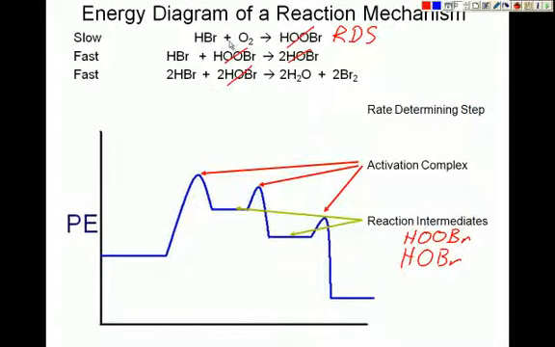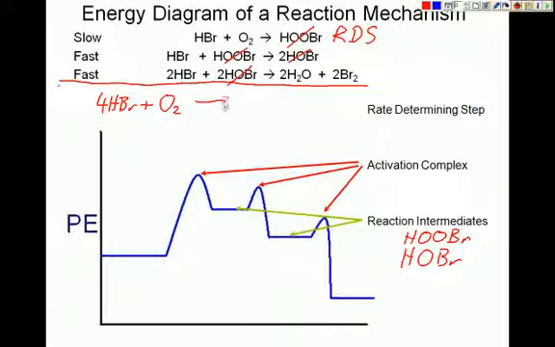And then what we can do is combine the rest and make our net reaction. So our net reaction is, we have HBr plus O2 and plus another HBr plus another two HBr. So we have 1, 2, 3, 4 HBr plus an oxygen, and that makes, now this is not used anymore because it's a product here, but it's reused over here, and so it's on both sides of the arrow, so it cancels out.